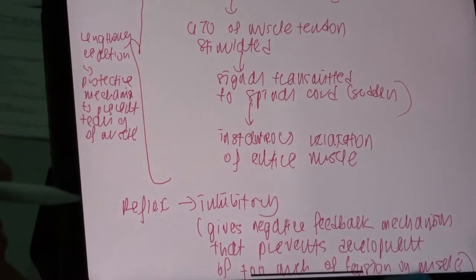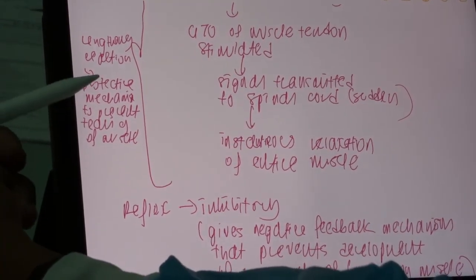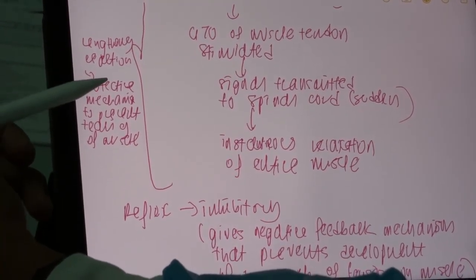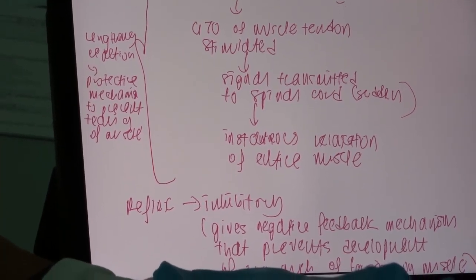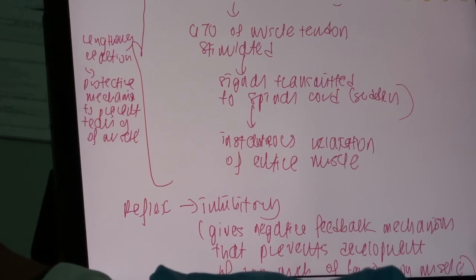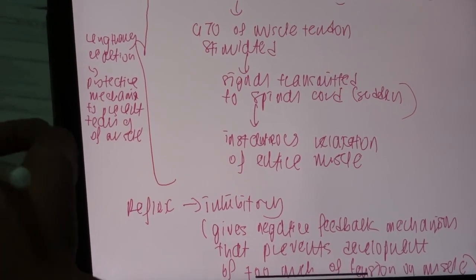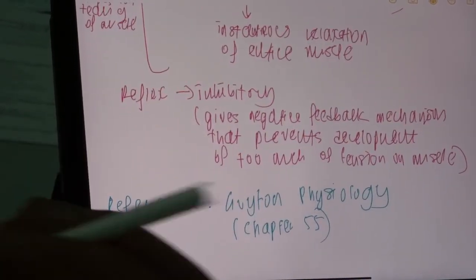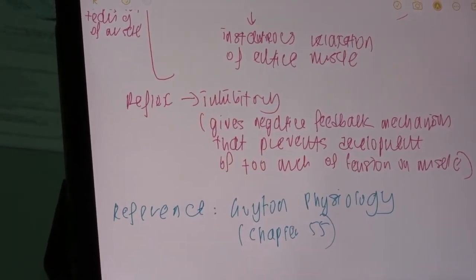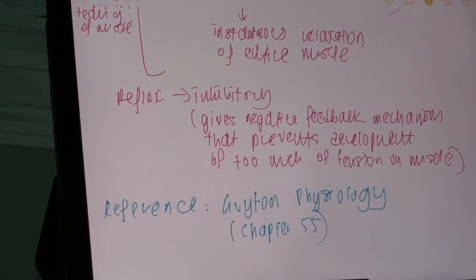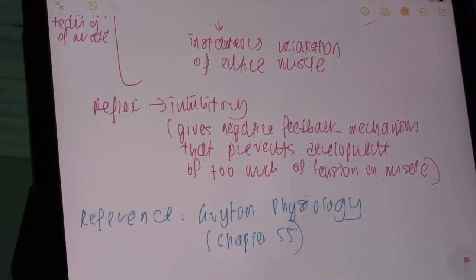This whole thing we call the lengthening reaction. It is a protective mechanism to prevent overuse or tearing of the muscle. We call it an inhibitory reflex, which gives a negative feedback mechanism that prevents development of too much tension in the muscle.